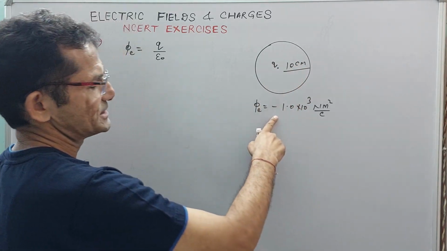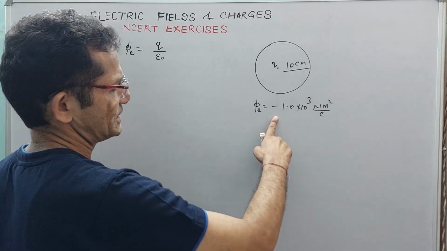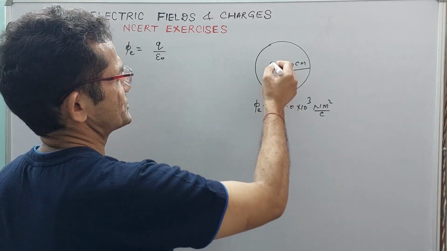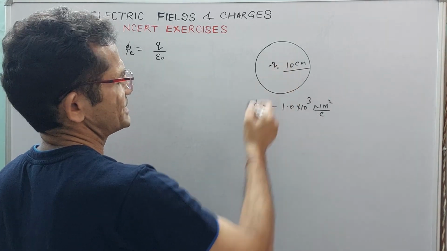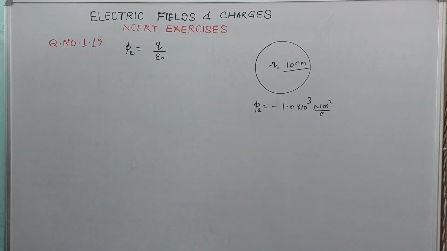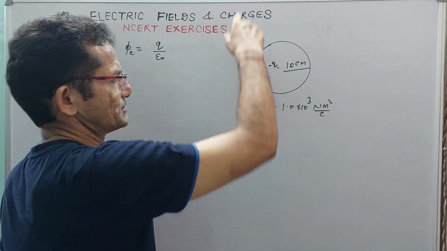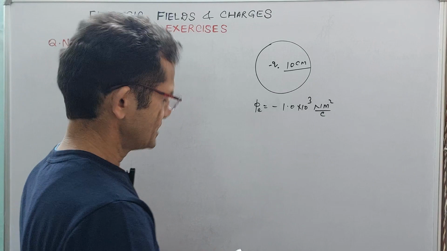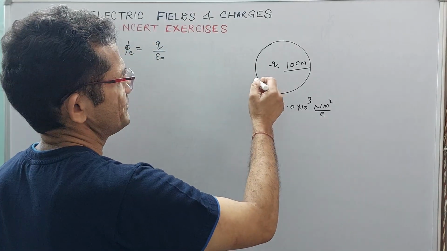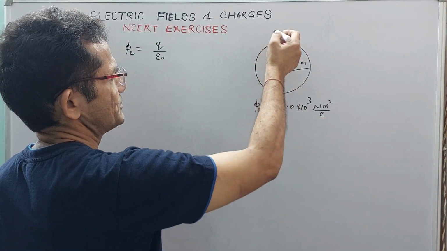Since the electric flux is negative, the charge should be negative, because the electric field lines go inside of this cube.